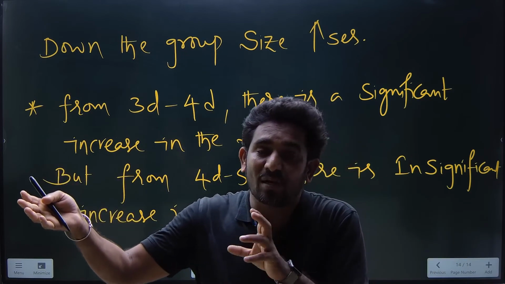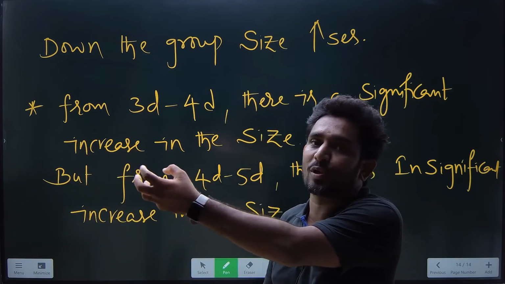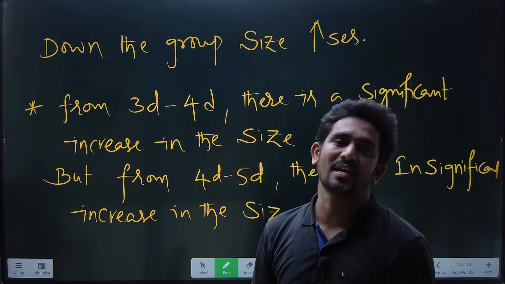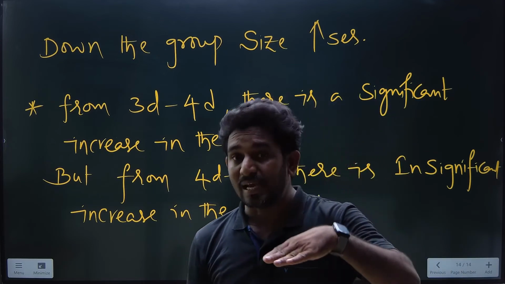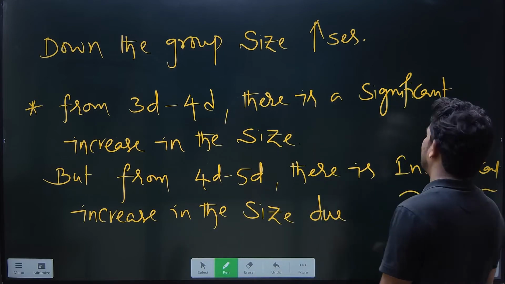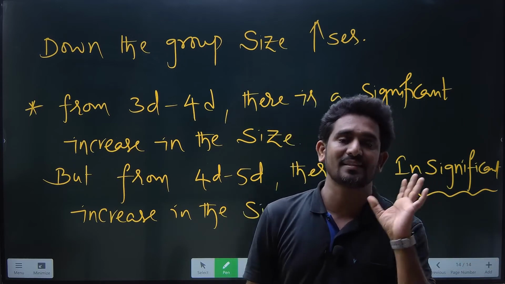अभी this nucleus क्या करते हैं अभी, it will attract the outermost electron inside. ठीक है, so there is a sudden decrease in the size. That is why size increases, but it is very insignificant, not a considerable increase in the size.